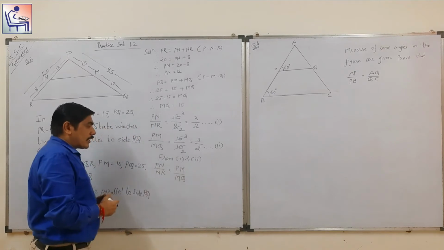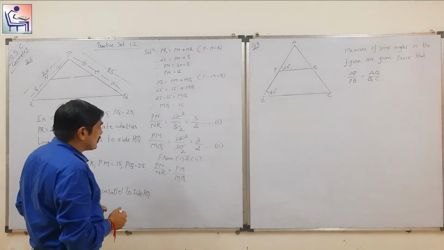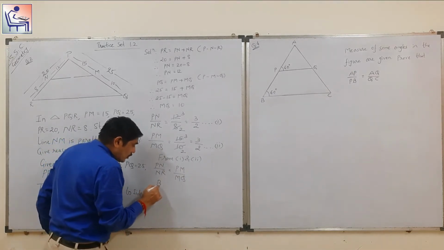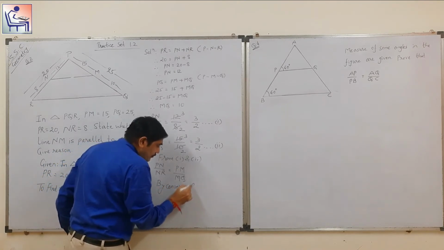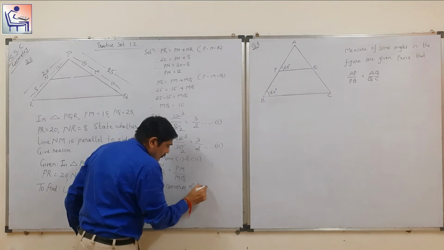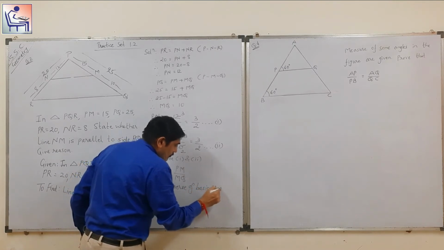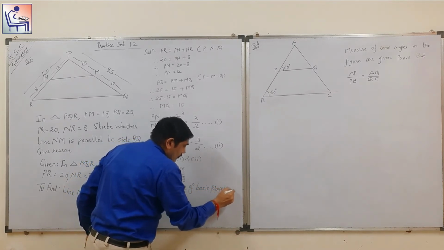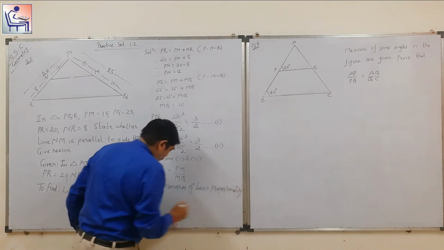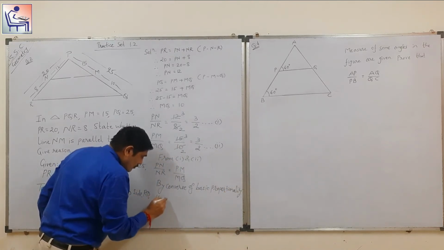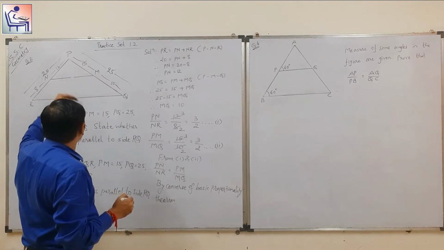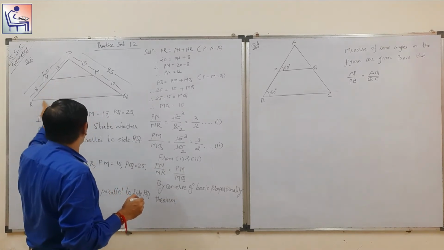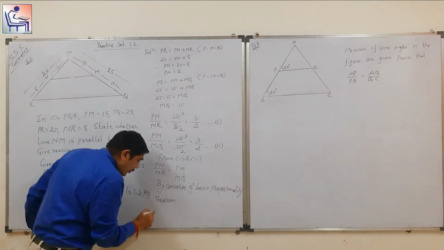When these two are equal, then by the converse of the basic proportionality theorem, we can say that line NM is parallel to side RQ.